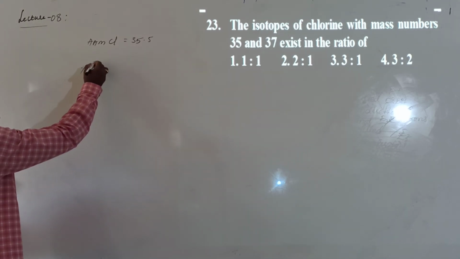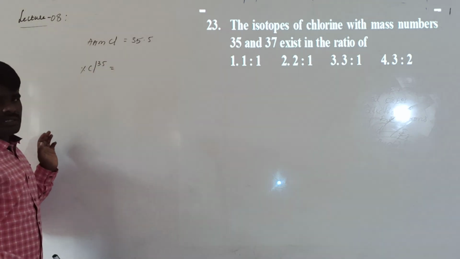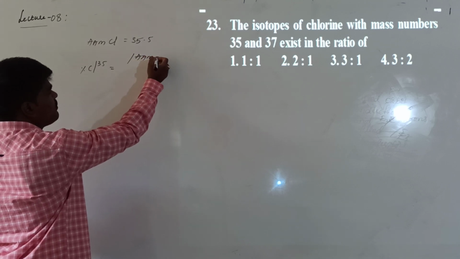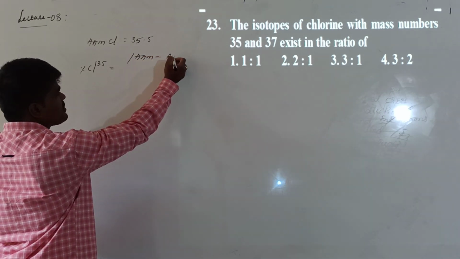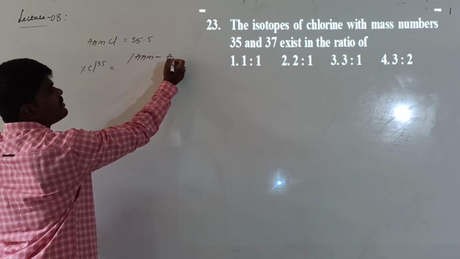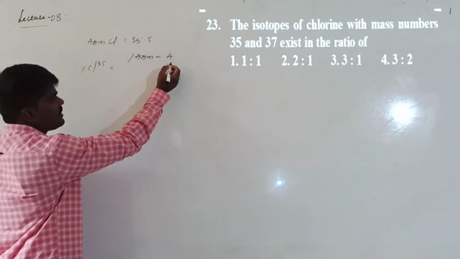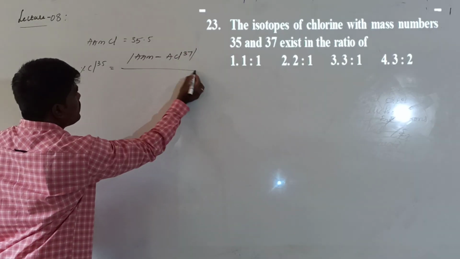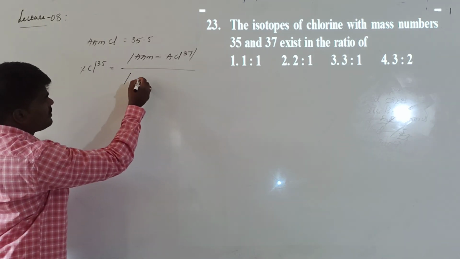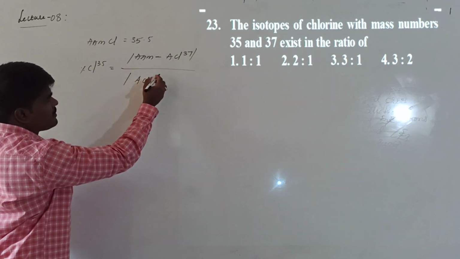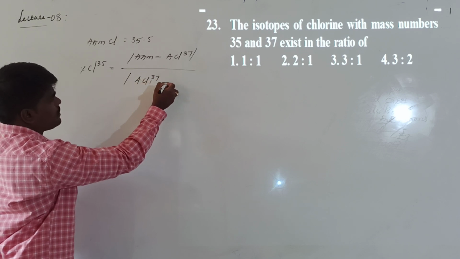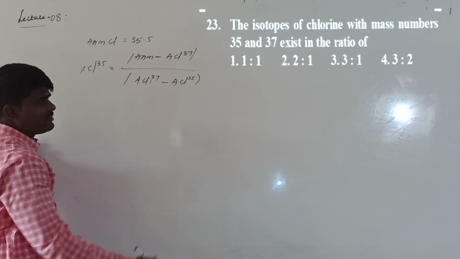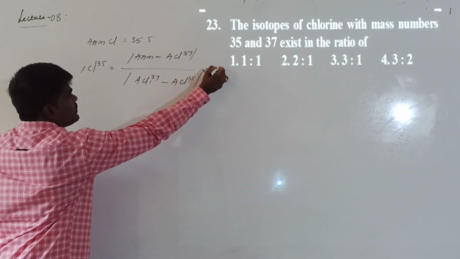Percentage of chlorine 35 will be equal to the mod of the average atomic mass of chlorine minus the atomic mass of the other isotope, chlorine 37, upon the mod of the atomic mass of chlorine 37 minus the atomic mass of chlorine 35, into 100.